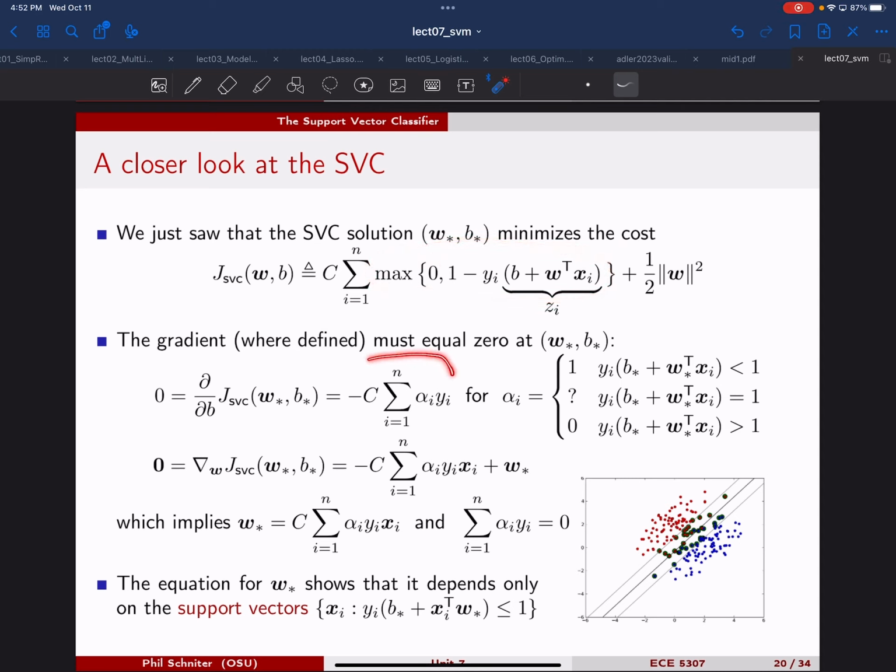We can write the same expression, but now with alpha i as 0. When all the alpha i's are 0, this whole thing goes to 0. So we now have a common expression that works in both of these cases. The challenging part comes when you look at these values that are exactly equal to 1.